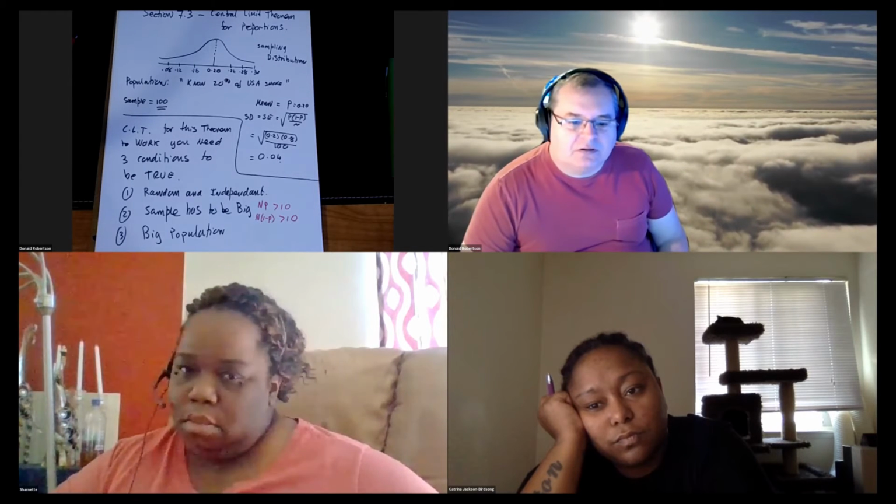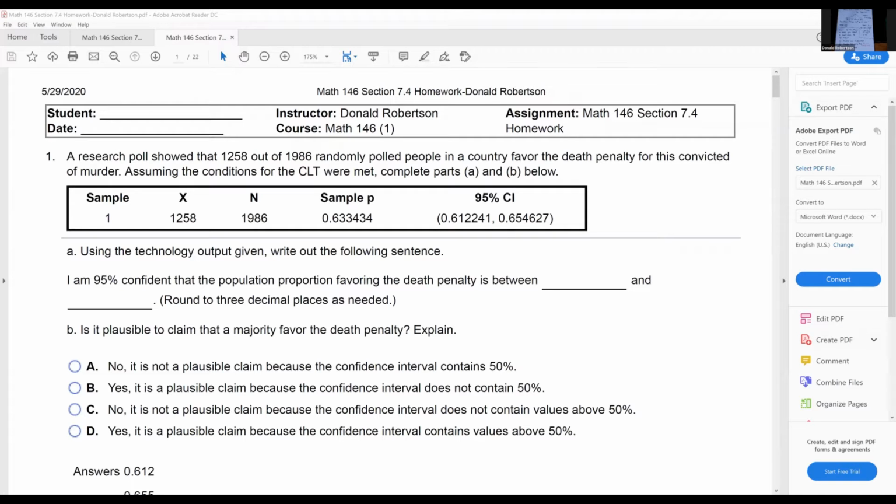So I'm going to jump, hopefully, to a PDF. And see if it's this one. No, that's 7.4. Okay, there we are. Are you looking at 7.3? Does it say at the top here, homework math 146, section 7.3? No, it says 7.4. Okay, so I'm going to go back out and back in and hopefully get 7.3.